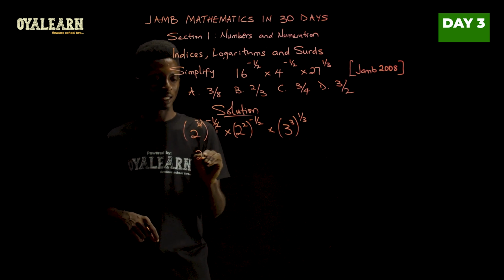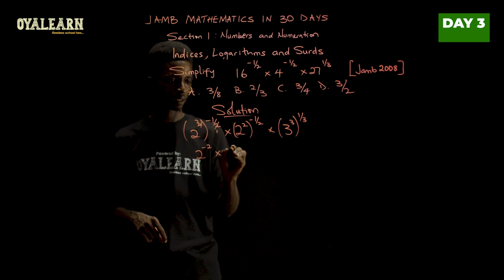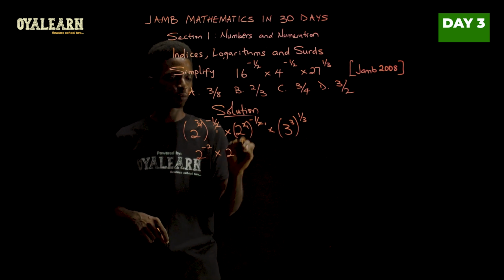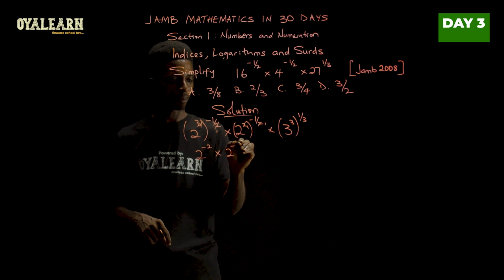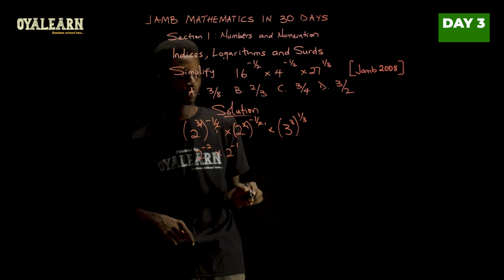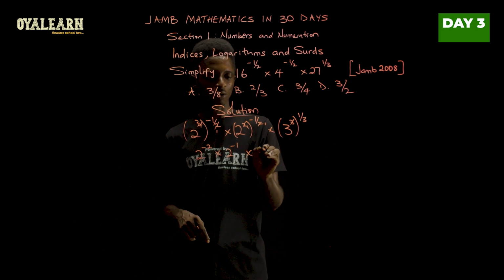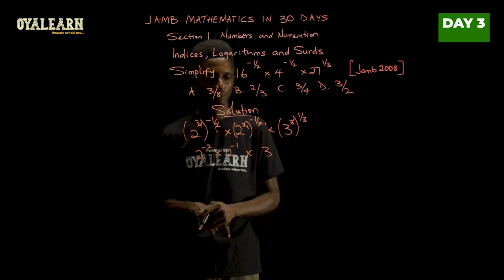So what we have here is basically 2 with the power of minus 2 times, here 2 here 1, 2 here 1. So we have 2 power of minus 1. And then we multiply this by 3 cancels 3. So this is basically 3.